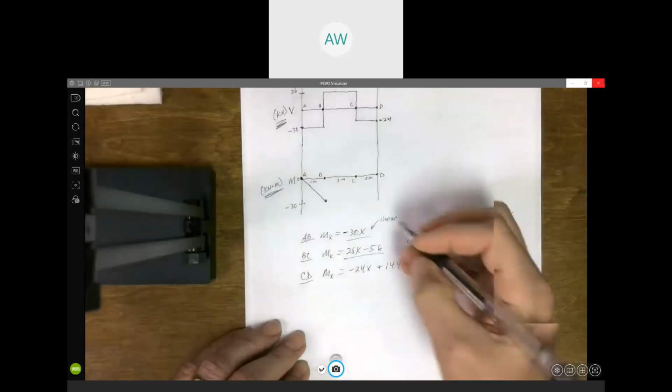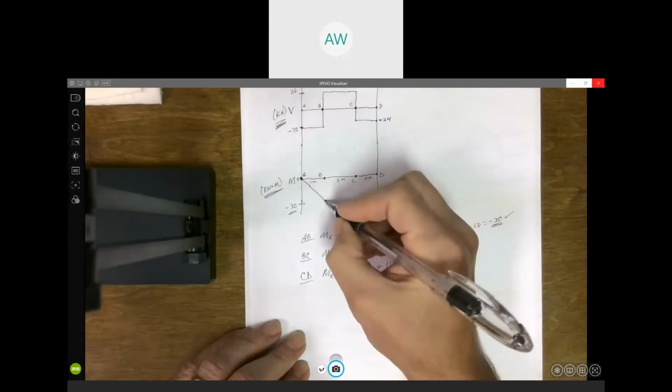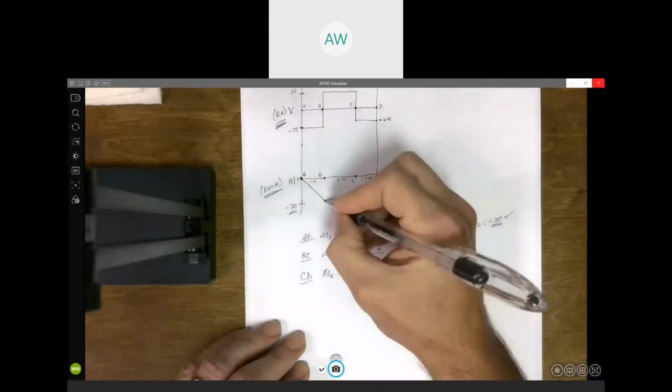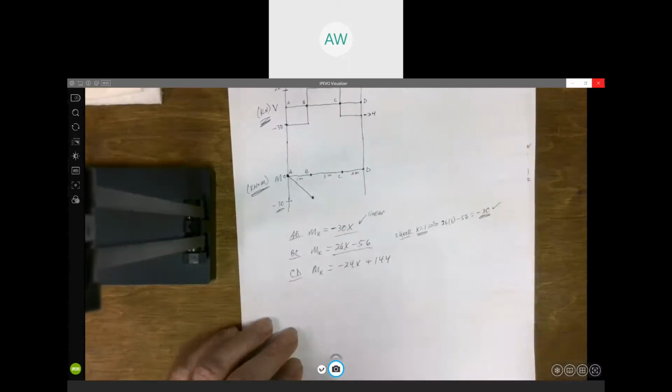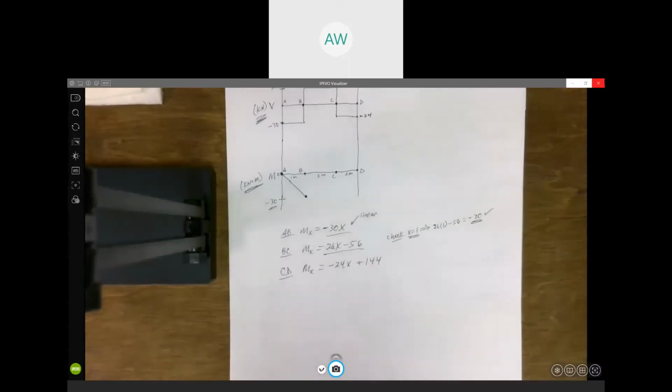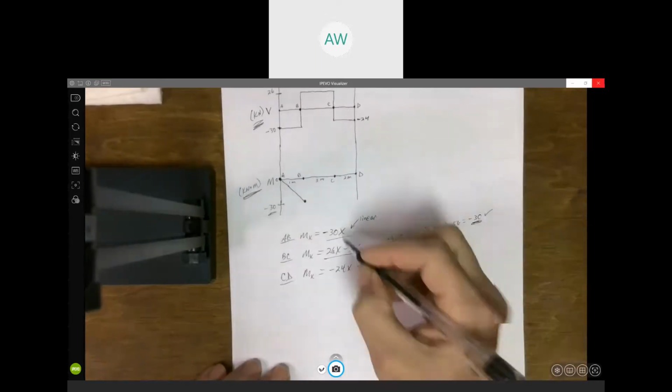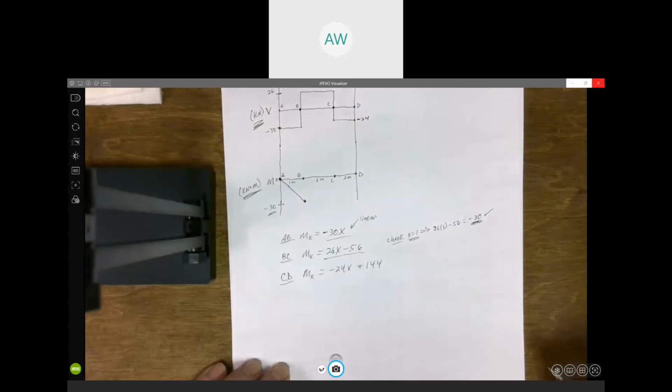Same thing we got here. All right, so I'm starting at the same point. And the motivation there is this is how you catch if you've made a mistake somewhere. If this doesn't start where this one ends, then something's not right. You need to go back and find your mistake. It's almost impossible to do one of these and not know if it's right or not. Everything should check out.